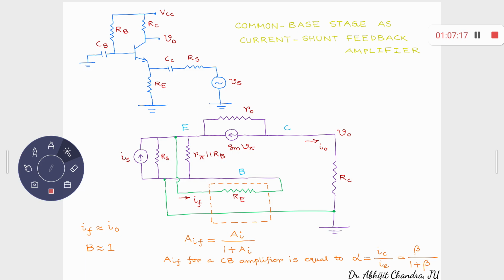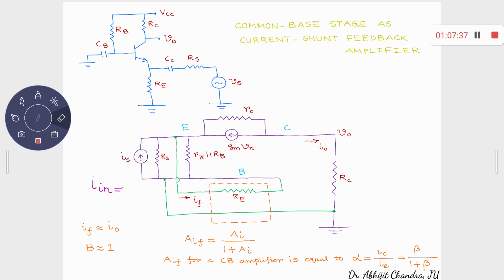And what is your IS? IS is equal to the actual input current plus IF. So if I apply KCL at this particular node, at the emitter terminal, I find I in is equal to IS minus IF.